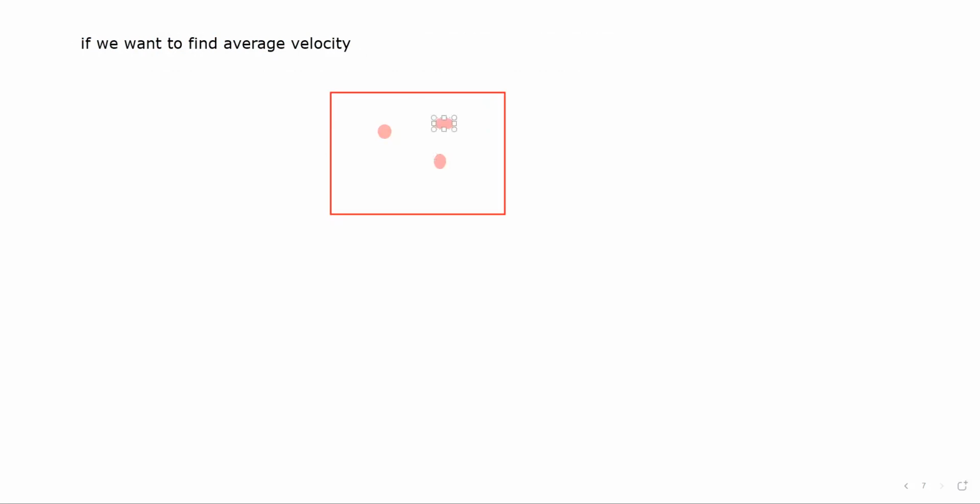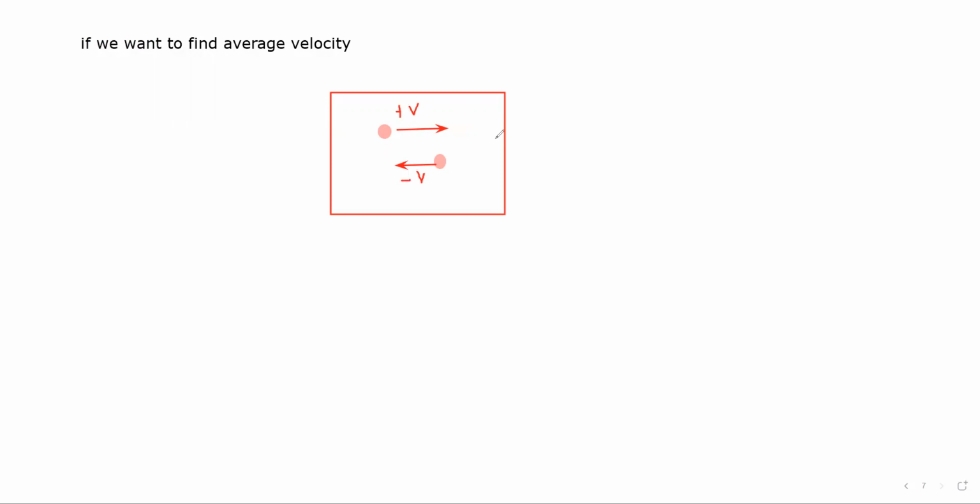Because they are moving randomly, I'm taking two particles just to keep it simple. If one particle is moving towards the right and another towards the left, as they're at the same temperature and the mass is the same, they should have the same kinetic energy. So they should have the same magnitude of velocity. But if one is positive, the other should be negative. It's up to you.